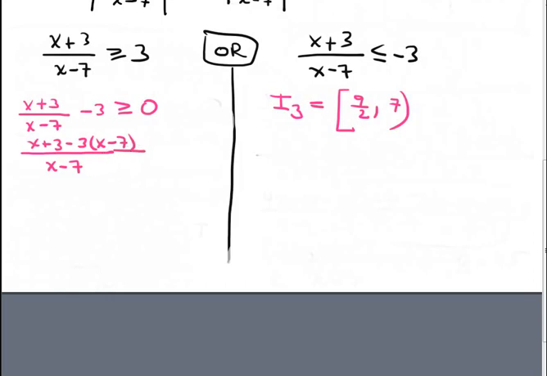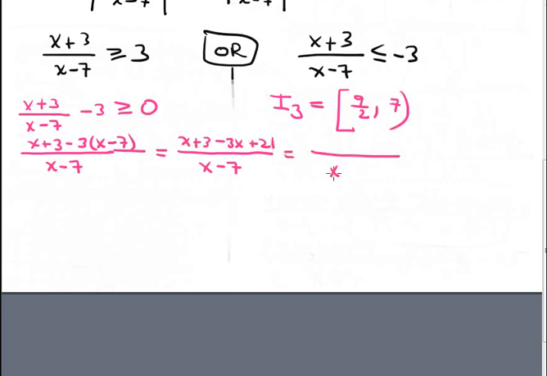This is equivalent to x plus 3 minus 3x plus 21 over x minus 7.